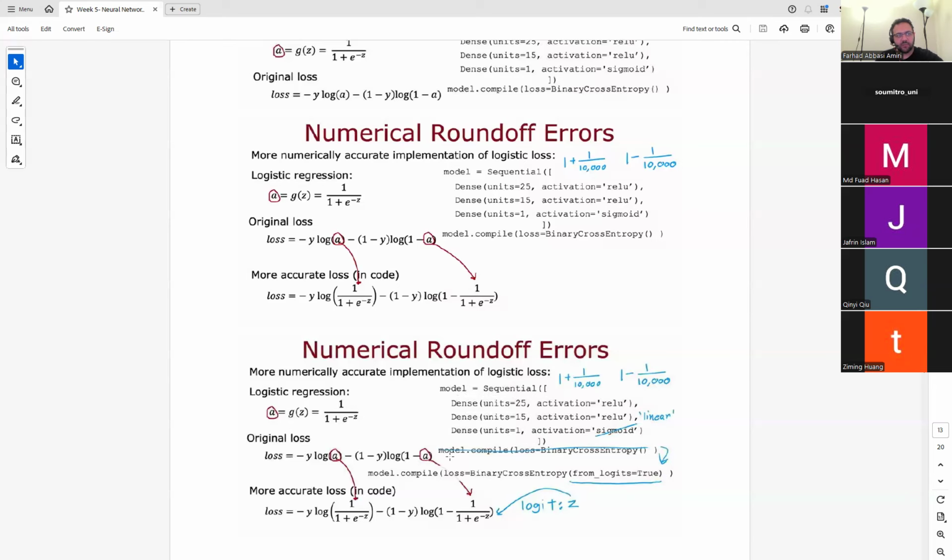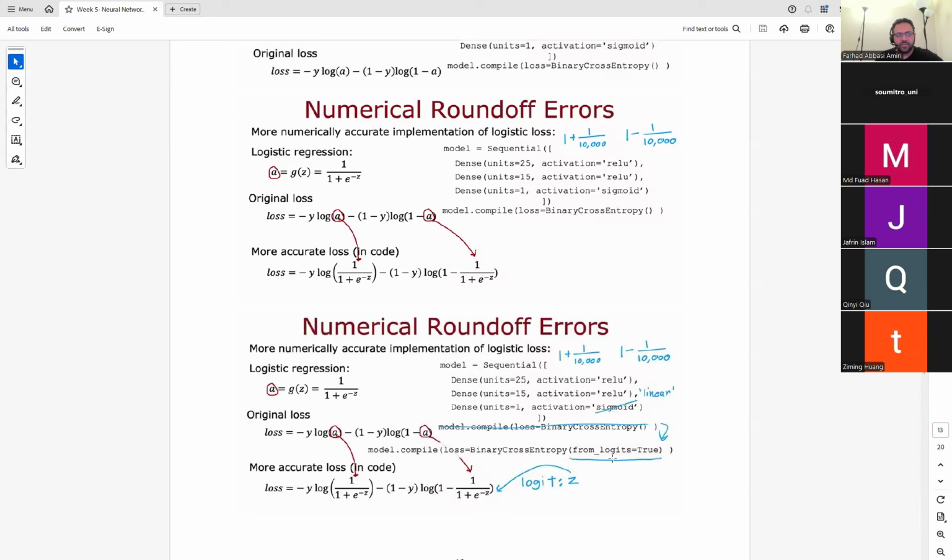And then instead of model compile loss equal to binary cross entropy, you modify it with this line: model compile loss equal to binary cross entropy from logits equal to true.